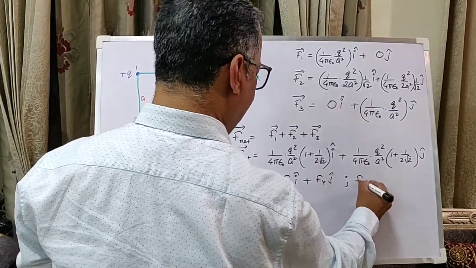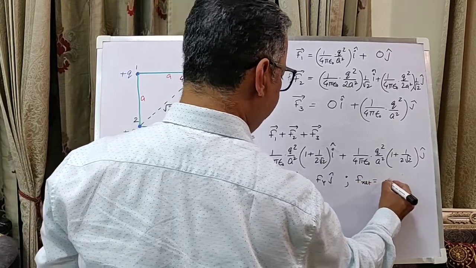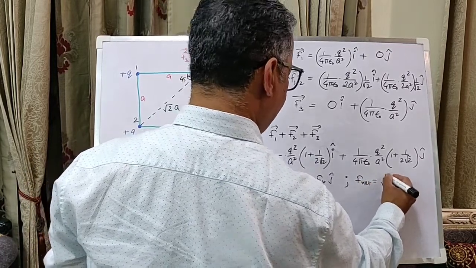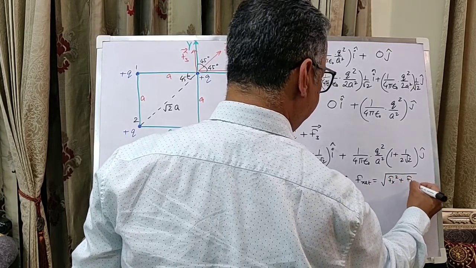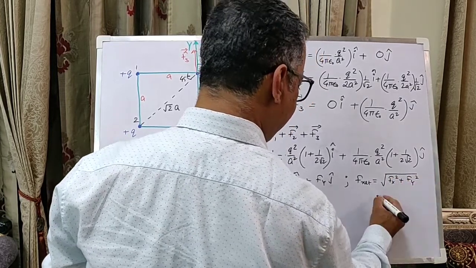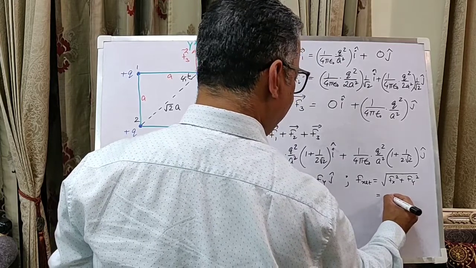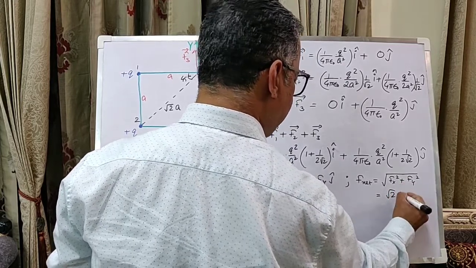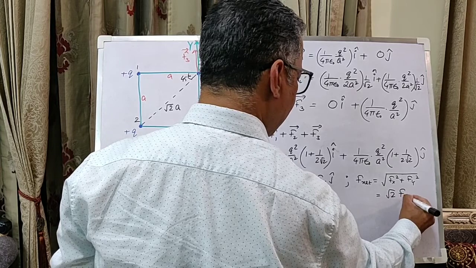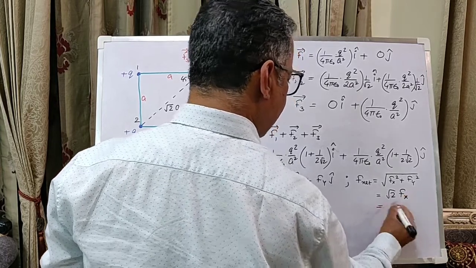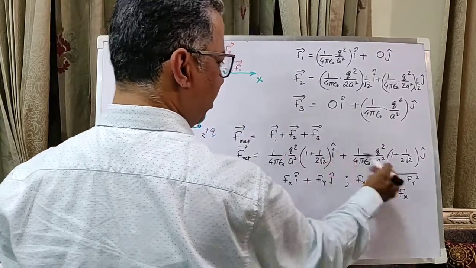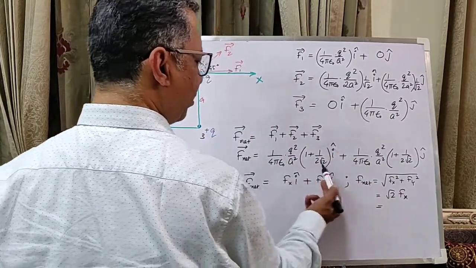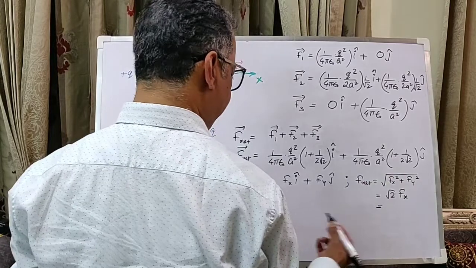Therefore, when we calculate the magnitude of the net force, we get root of Fx square plus Fy square, and since both have the same magnitude, you end up with root 2 times any one of them, say Fx or Fy.